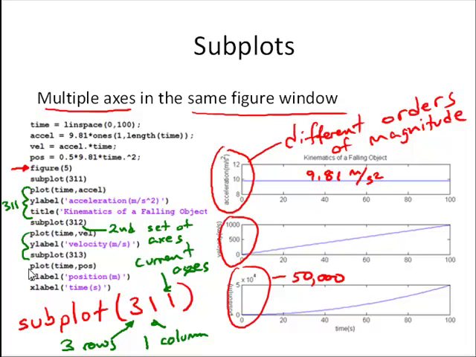And then subplot 313, we go to the third set. And you'll notice here I only put an X label in the last set because since these all have the same X label, it would be redundant to include a label here and a label there.